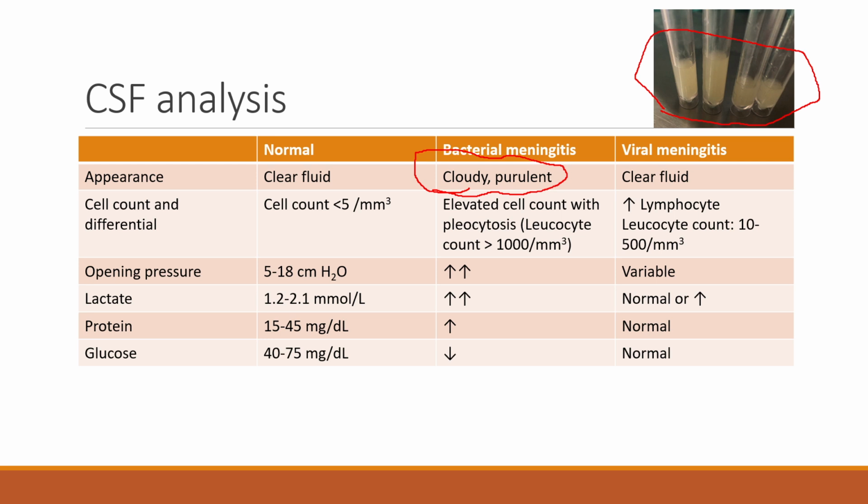And then there's going to be a high opening pressure, increased lactate and increased protein. Others increase, but the glucose level decreases in this case, because I think there's one theory that explains it: the bacteria consume glucose for their proliferation, so there's a decreased level of glucose.